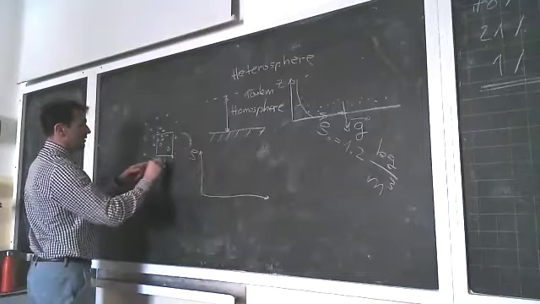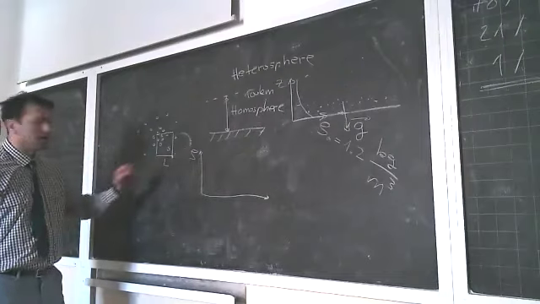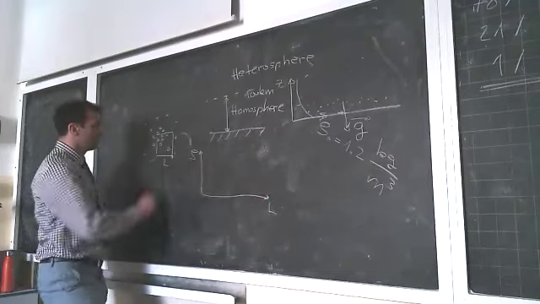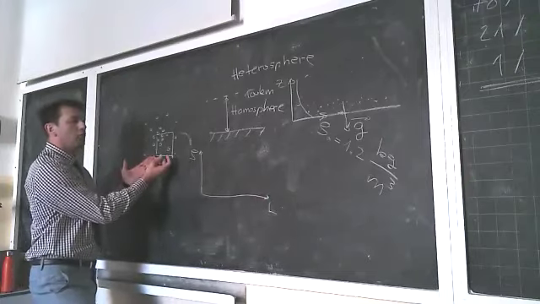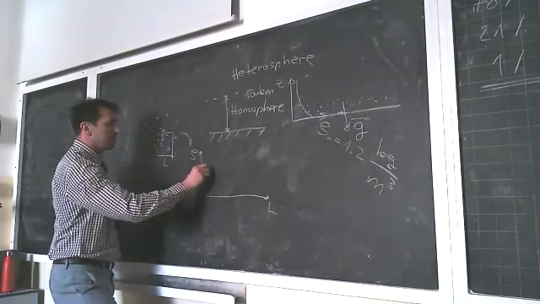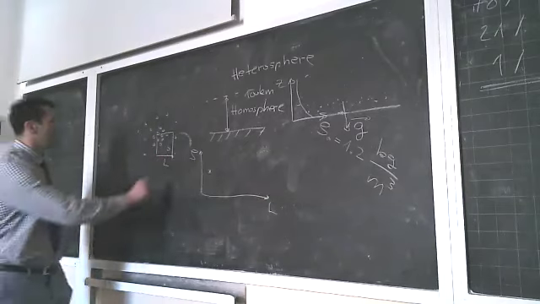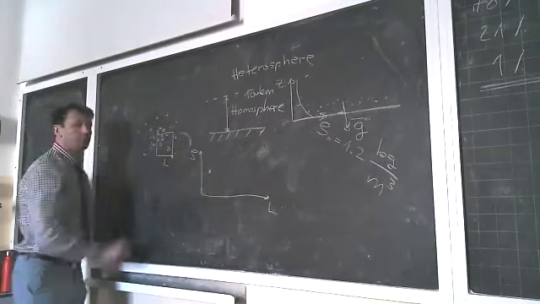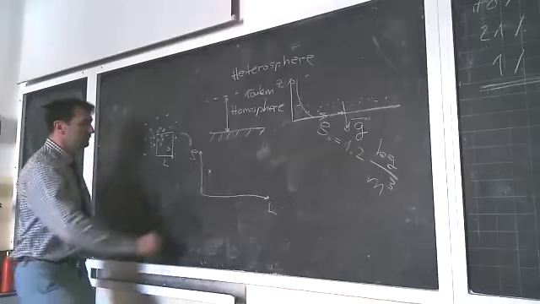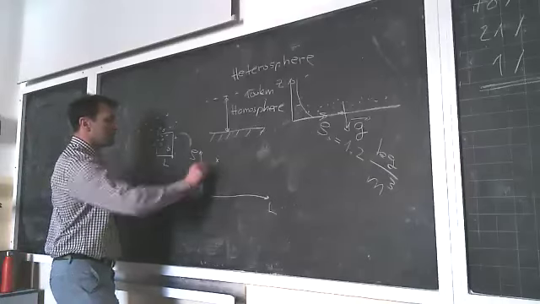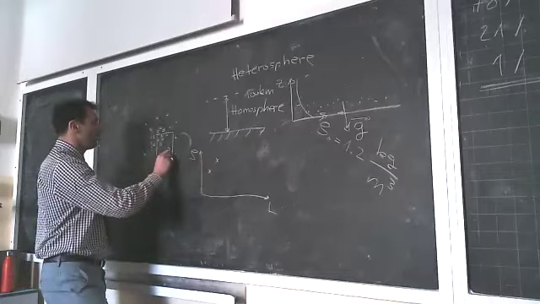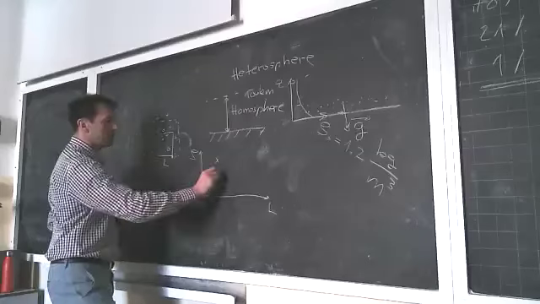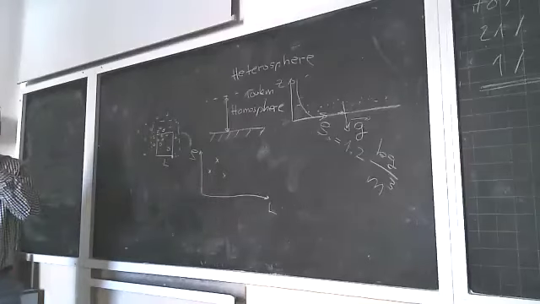The size of this cube is L, so I will put L over here. For a given L, for a given volume of this cube, I will get some density. Now I increase L, I will get some other density. I increase it even more, in other words, I'm increasing this cube, and I will get some other density.